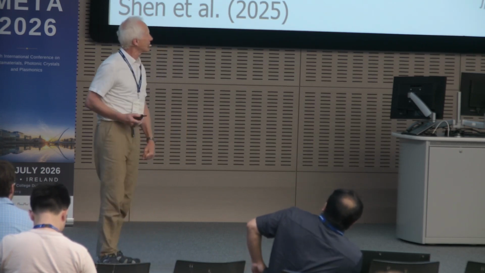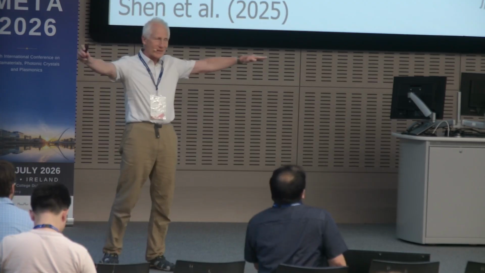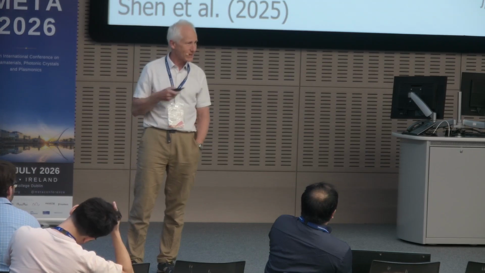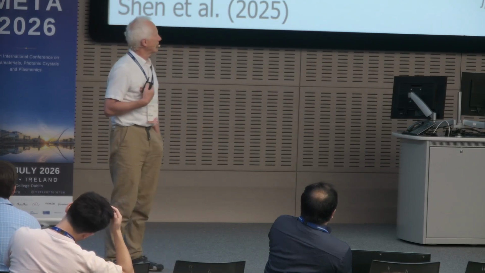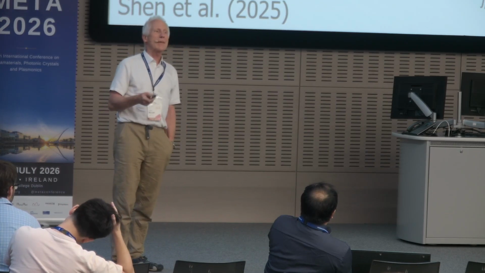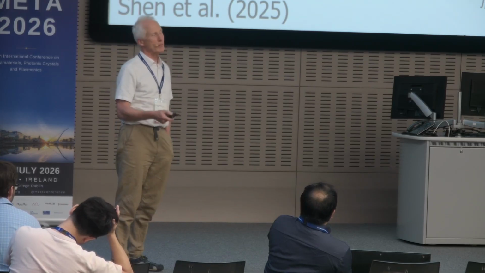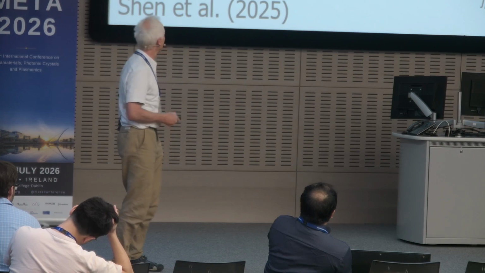We can look at the distance dependence, so this linear signal goes out to 10, 20 micrometers. And other people have already shown that this is not a direct electromagnetic type of reaction. And if you do the same experiment on non-ferroelectric materials, the signals are observable, but orders of magnitude smaller.